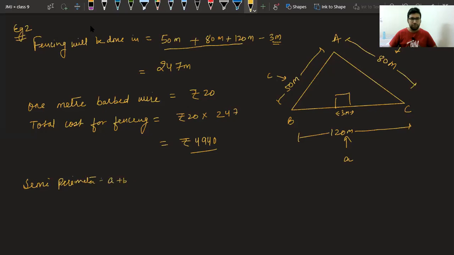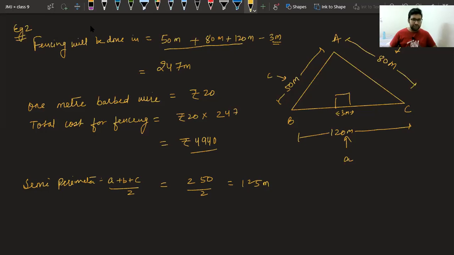A plus b plus c upon 2, and that is 250 upon 2, 125. No, Ayush, now you are mistaking yourself. 247 was the perimeter for fencing, not for this. Now you will include that 3 meter also. Okay, so the total is 250 upon 2. So we have got 125 meters as semi-perimeter.